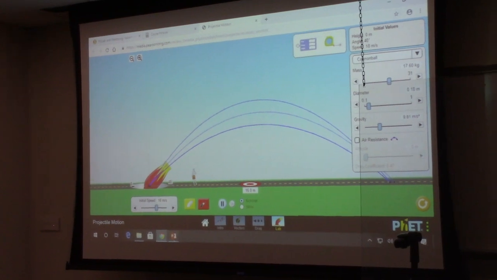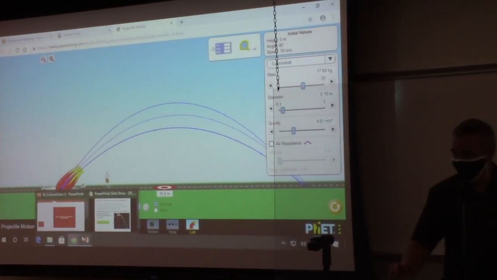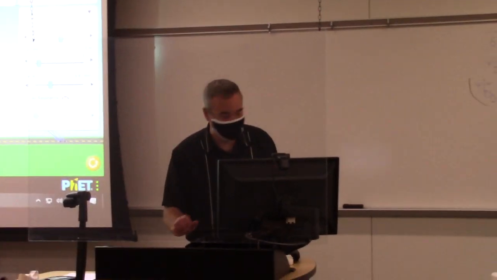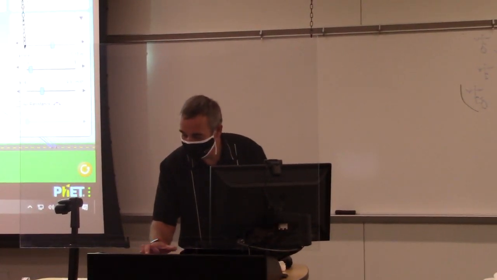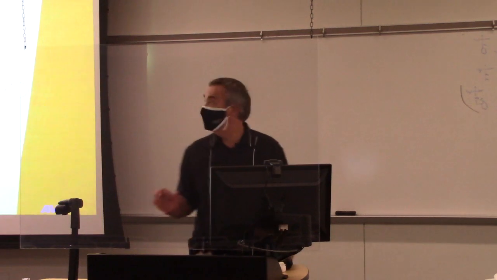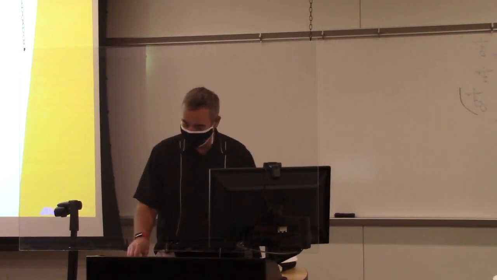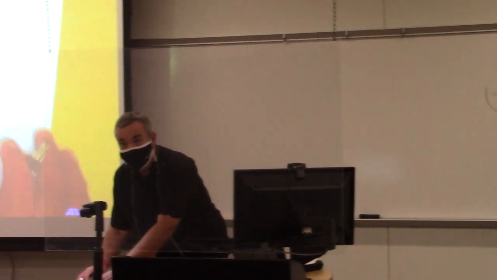So why was that exactly? The key really is that the initial velocity in the y direction is the same, because you're shooting one horizontally.